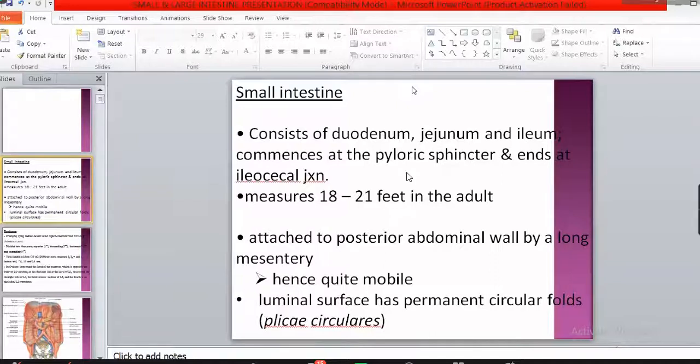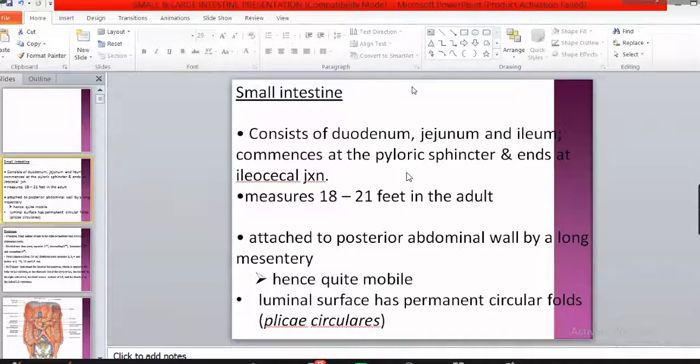The foregut ends at the second part of the duodenum. Midgut starts from the second portion of the duodenum up to the proximal third of the transverse colon. Then the hindgut starts from the distal two thirds of the transverse colon, descending colon, and sigmoid, then rectum and anal canal.